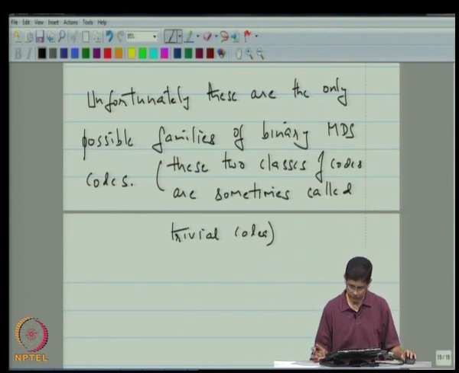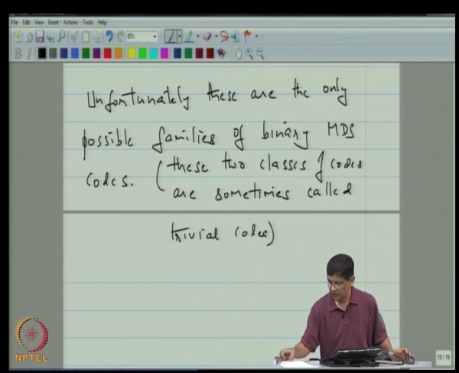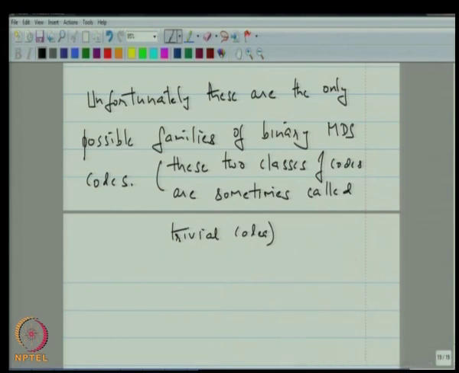Okay. All right. So, that concludes our quick discussion of bounds of the minimum distance of a code and related topics.